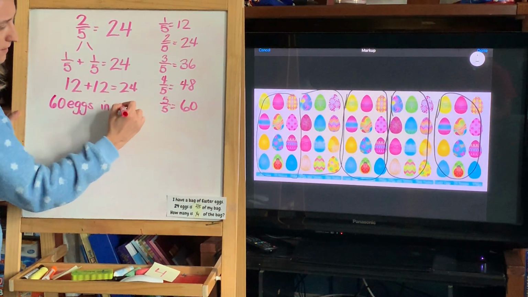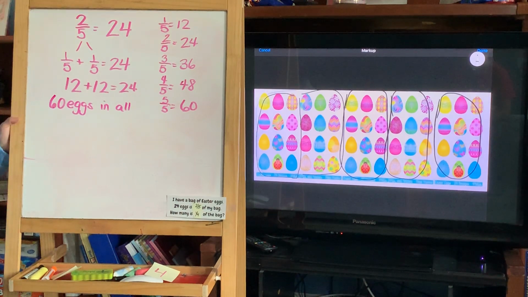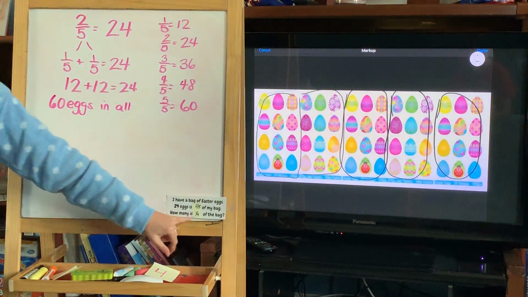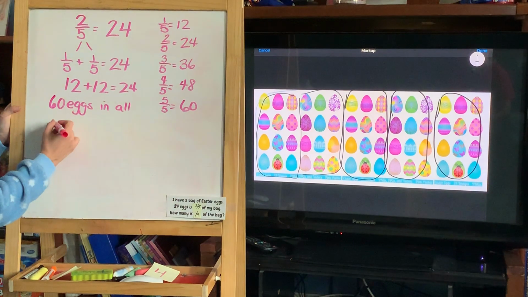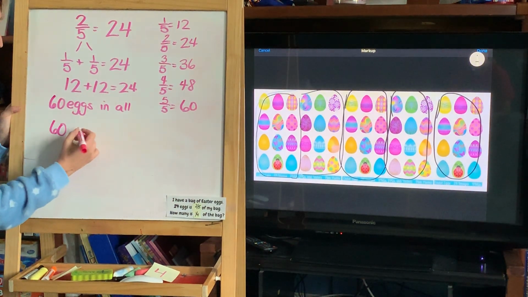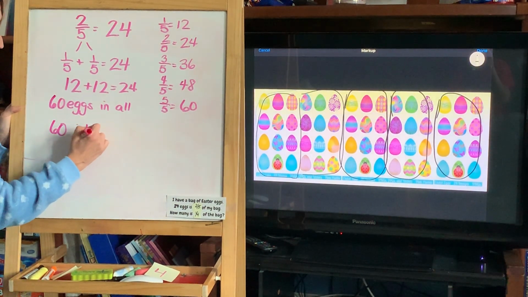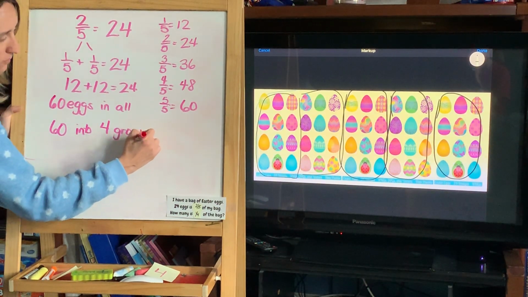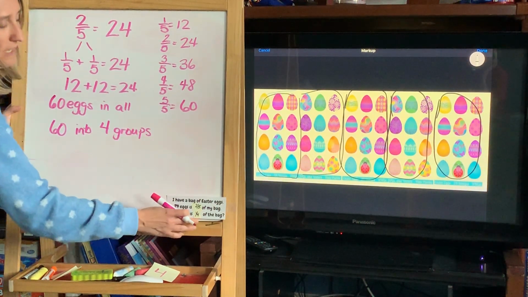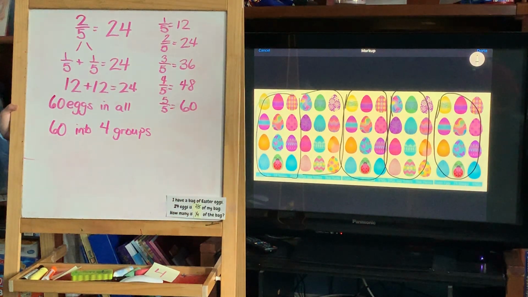But my question wants to know, if I took those 60 eggs and I only wanted 1/4 of them, how many eggs would that be? So I'm going to think I know 60, and I need to put them into 4 groups, because I want to break that whole pile into 1/4, 1/4, 1/4, 1/4.